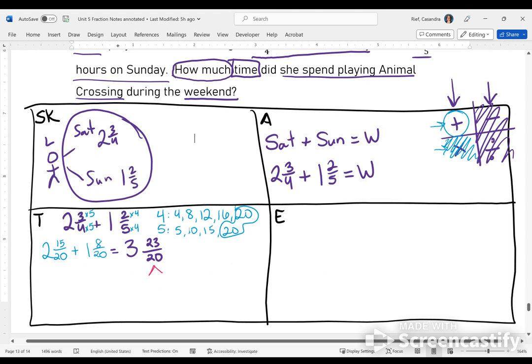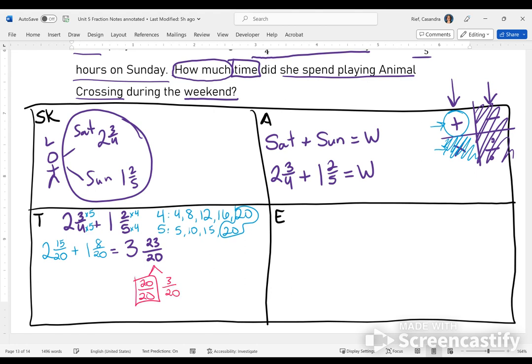I can break 23 20ths into 20 20ths, and I have 3 20ths left over. And then I can just bring down my 3. So I've got 3 plus 20 20ths plus 3 20ths. And I know that 20 20ths is really worth 1. So that gives me 4 and 3 20ths.